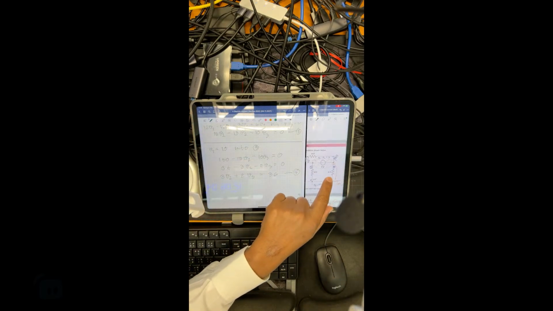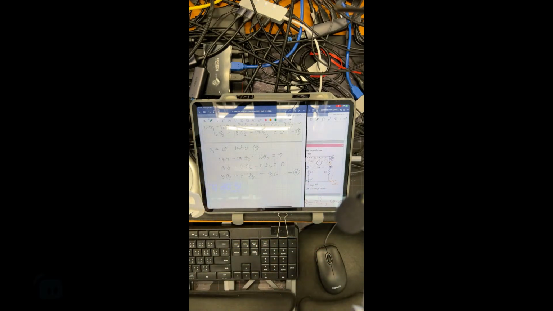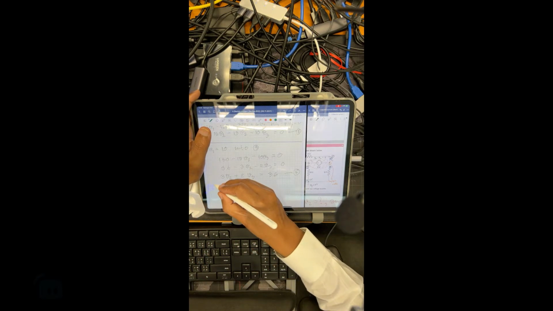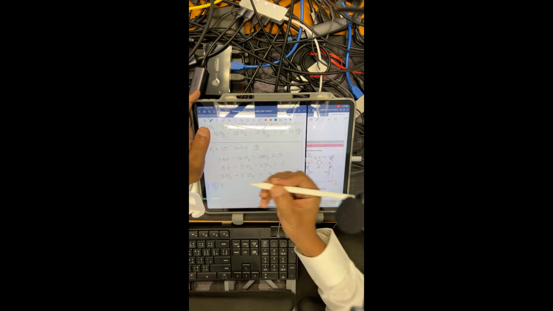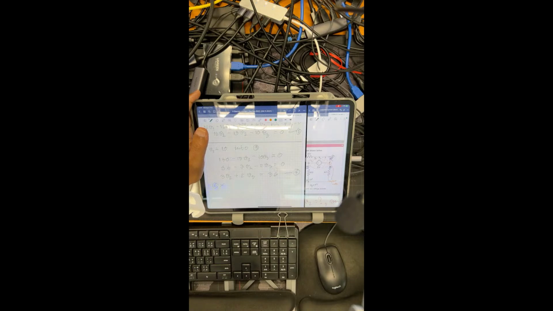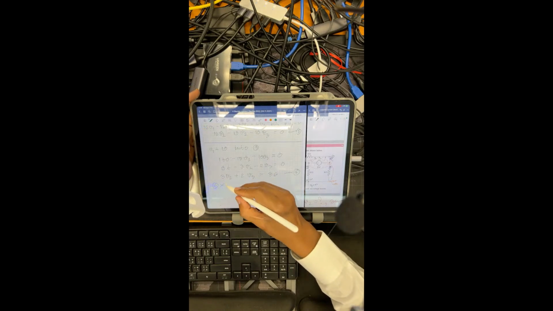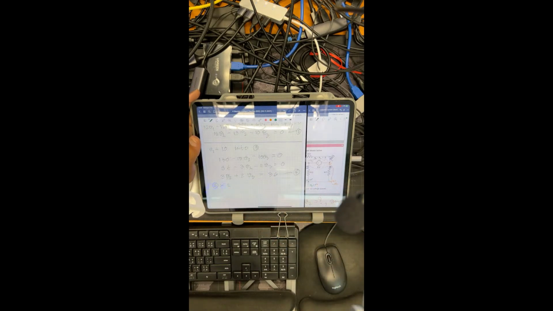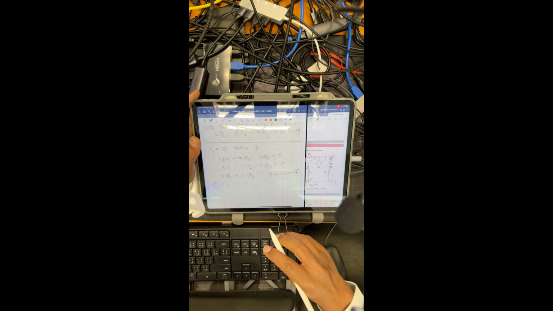Let's compare. Equation number 2 says that V2 minus V3 is 5, and equation number 4 says 3V2 plus 2V3 is 36. How could we solve this one? We multiply equation number 2 by 2.